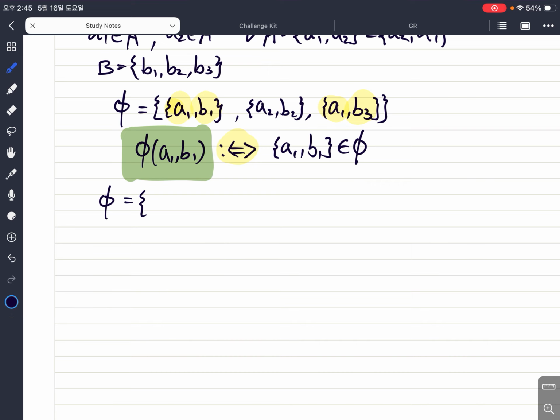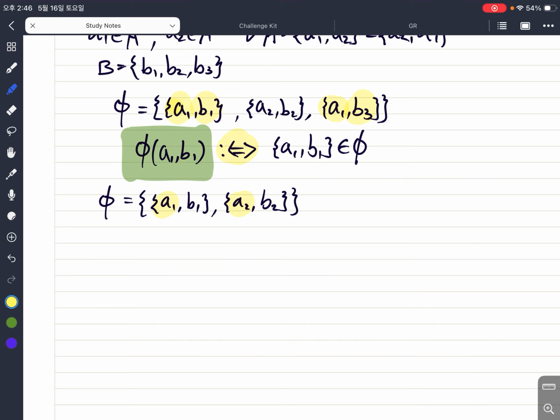But if you write only A1, B1, and A2, B2, then for A1 there is only one related element, B1. For A2, there is only one element, B2. So each element of A has a unique related element in B.